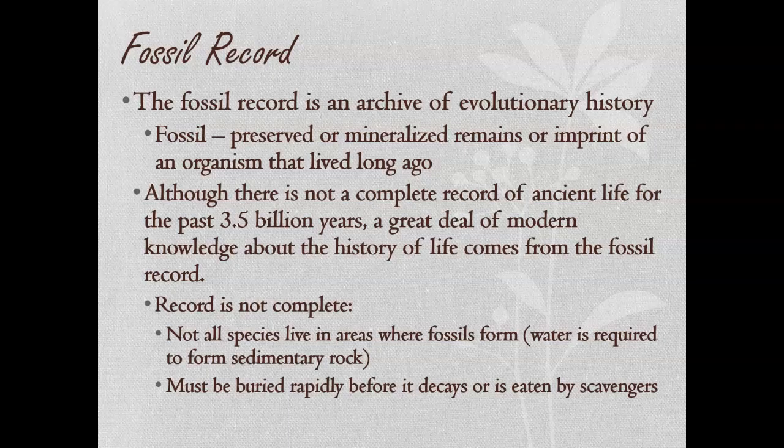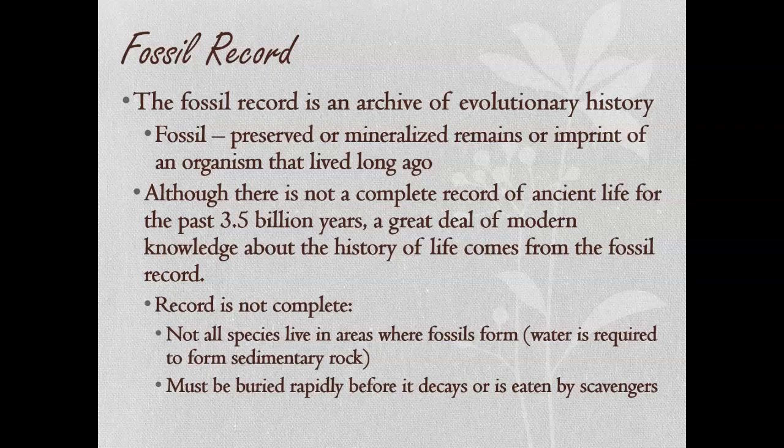Okay, and as those layers of sediment continue to build on top of each other, more and more pressure gets created, and eventually that sediment turns to stone or turns to rock. So in order for an organism to become fossilized, they have to die near water so that they can end up being covered up by that sediment so that they can then be pressurized and eventually turned to stone.